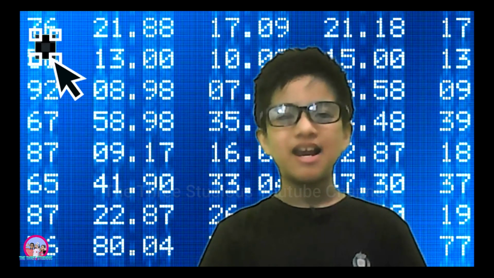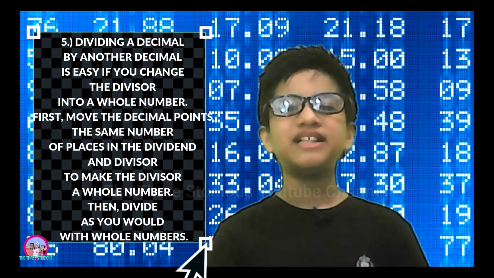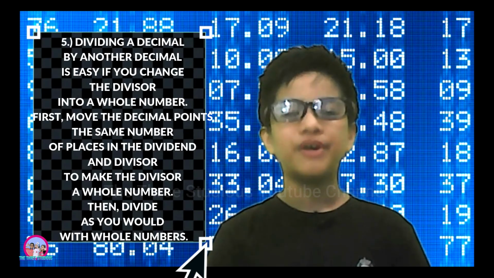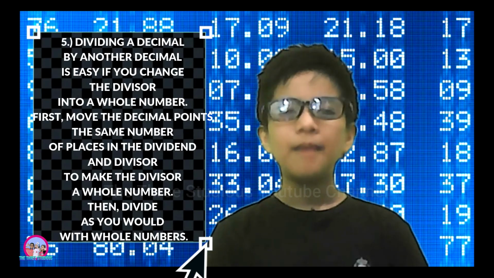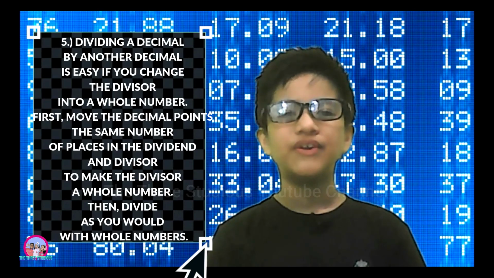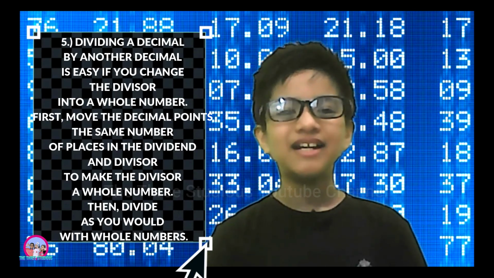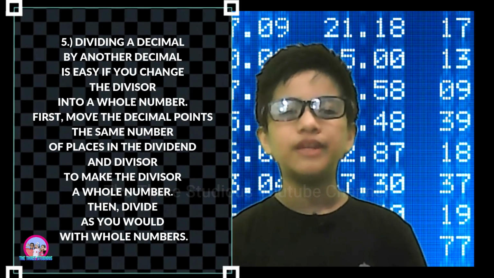Dividing a decimal by another decimal is easy if you change the divisor into a whole number. First, move the decimal points the same number of places in the dividend and divisor to make the divisor a whole number. Then, divide as you would with whole numbers.